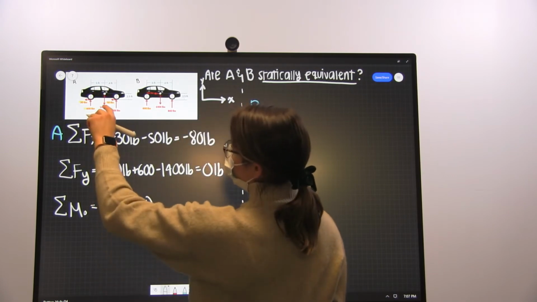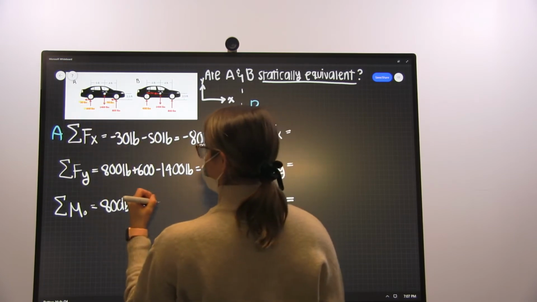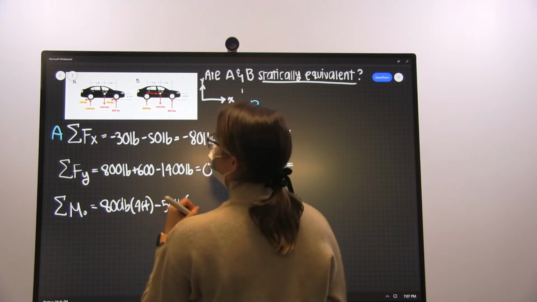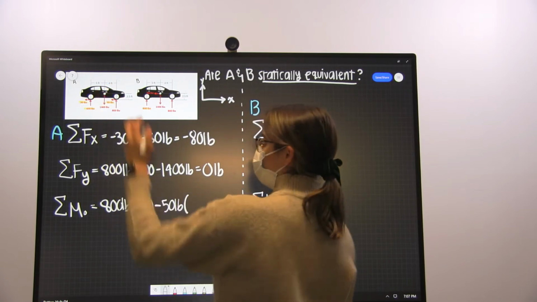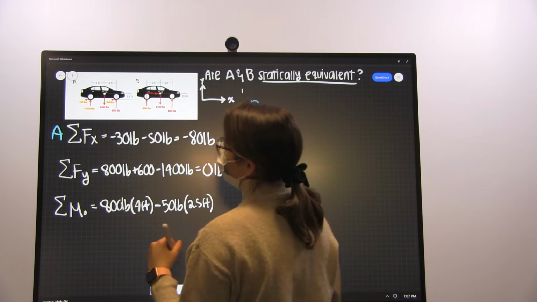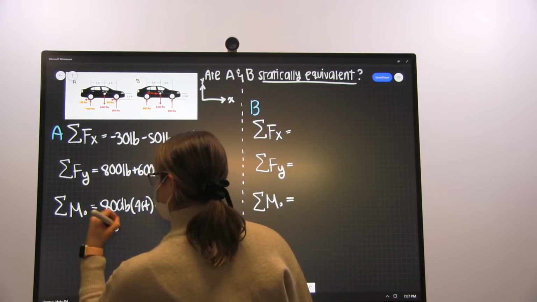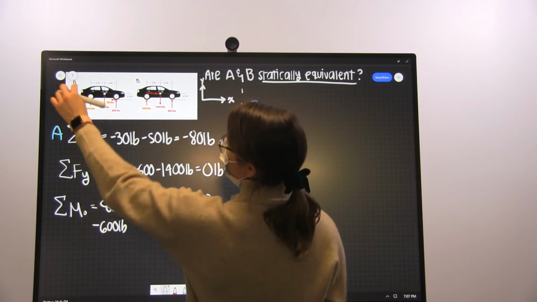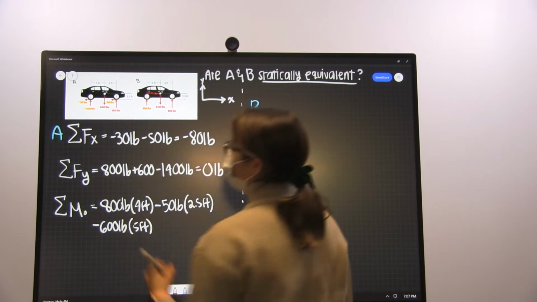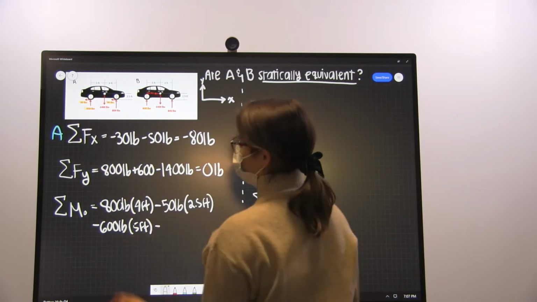And then our negative moments, or counterclockwise, that's going to be minus 50 pounds times 2.5 feet there, then minus 600 pounds, which is this force right here, times its moment arm, which is 5 feet, and then minus 30 pounds times its lever arm, which is 2.5.